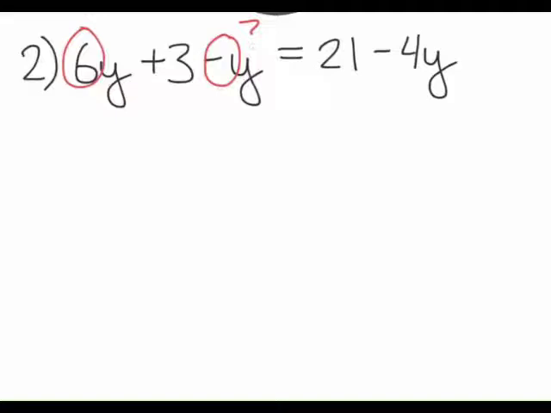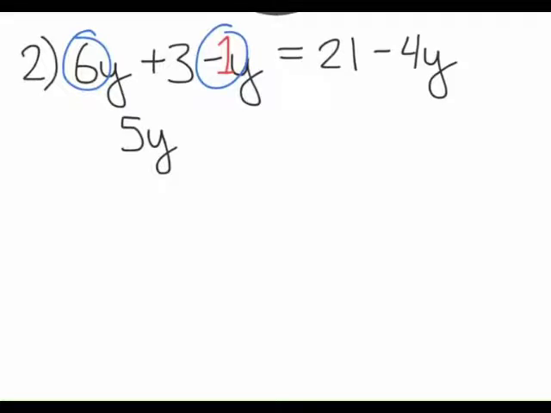Well, remember that anytime you see a minus sign in front of a number or an unknown, in this case y, you can imagine there being an invisible 1 out here. So what we're really doing is taking 6 minus 1, and that becomes 5, and that becomes a number that multiplies our unknown, y. Everything else about the equation will stay the same. Plus 3 equals 21 minus 4y.